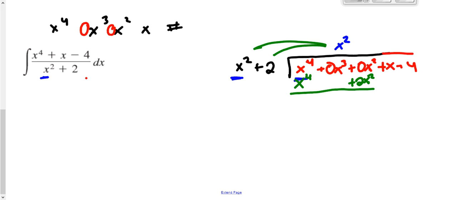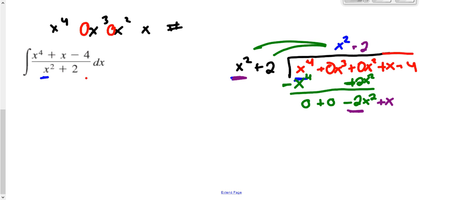And then we always subtract in this step in division. So both of these are going to be negative. X to the 4th and x to the 4th makes 0. We just have 0x cubed. And 0 minus 2 is negative 2x squared. And then we drop our next term down. So plus x. So now we look. X squared, what do we multiply by to get negative 2x squared?